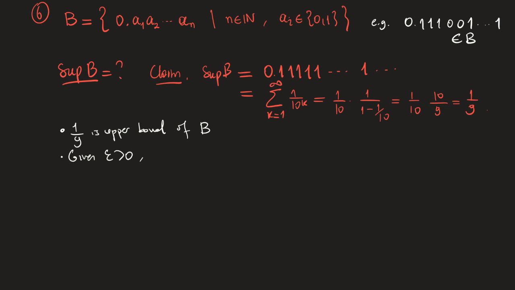Anyway, so we have two cases. If 1 over 9 minus epsilon is negative, then any number satisfies this. For example, 0.1 is bigger than 1 over 9 minus epsilon.